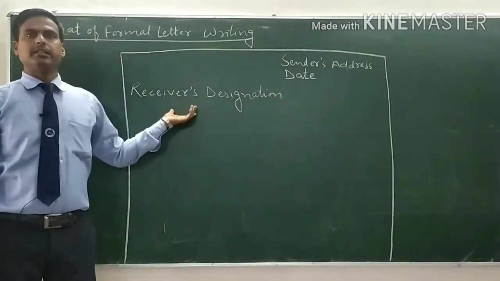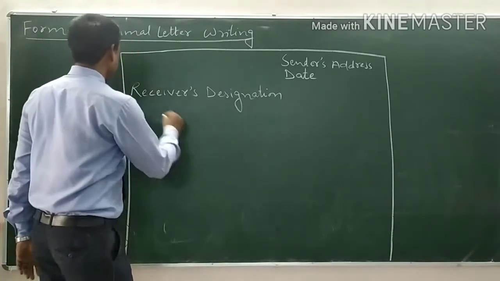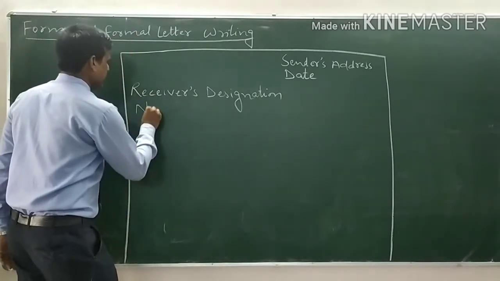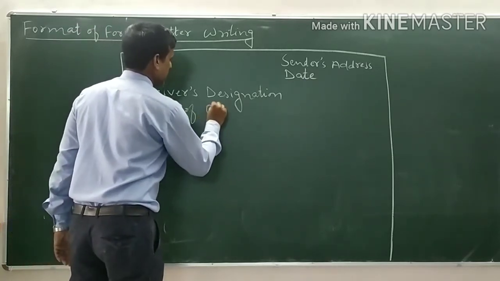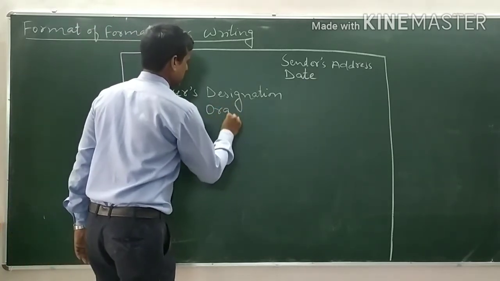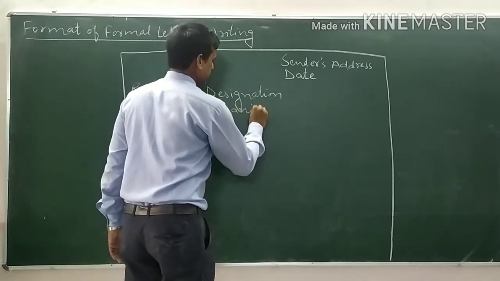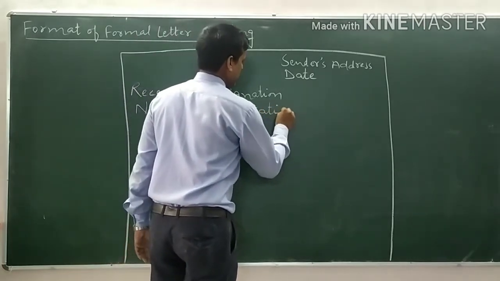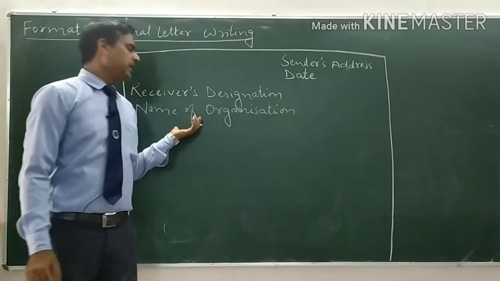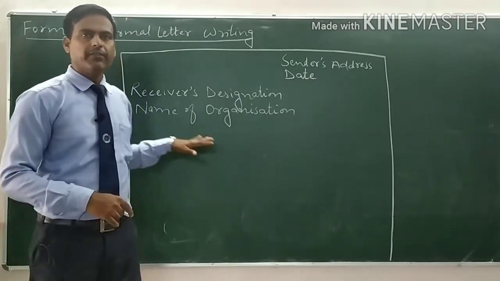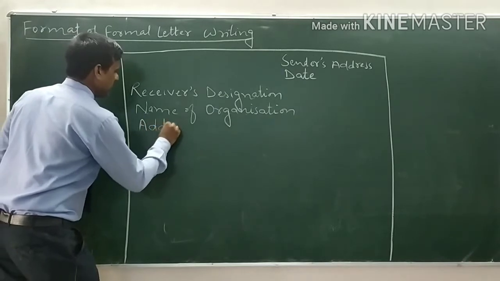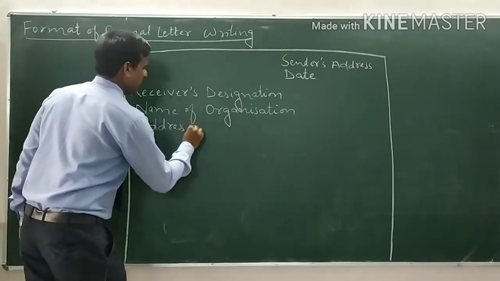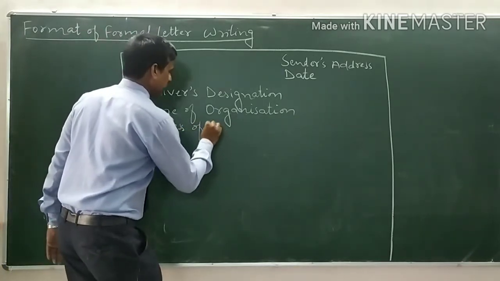Below the receiver's designation, here will be the name of the organization. Below the name of the organization, here will be the address of the organization.